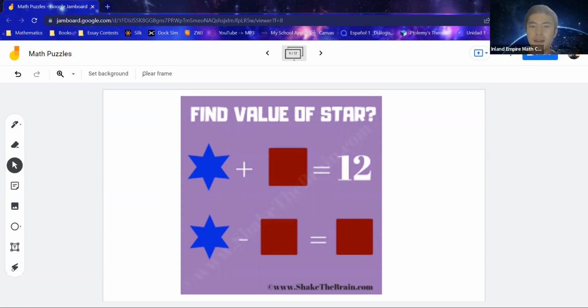Okay. What does that mean, Joyce? What is a square plus a square? It's 2 squares, right? Yes. All right. So this is equal to square times 2. Does this look good to everyone?